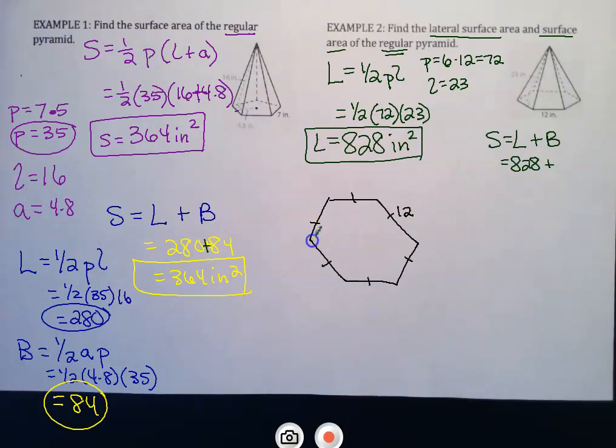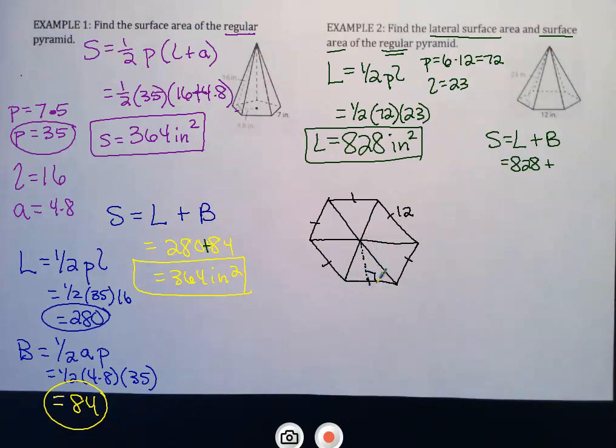So what I'm going to do is draw this, cutting it into 6 equilateral triangles. The apothem is not a radius. It's not from the center to a vertex. It's from the center perpendicular to the side.